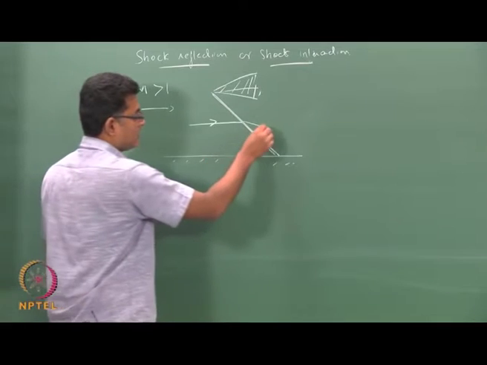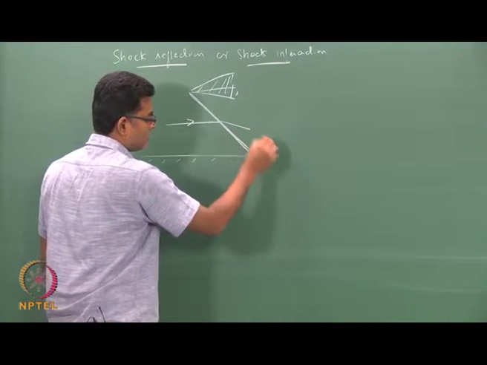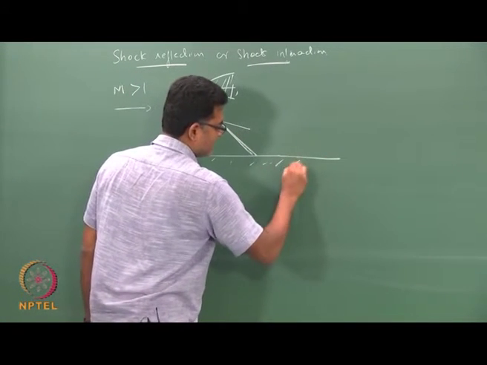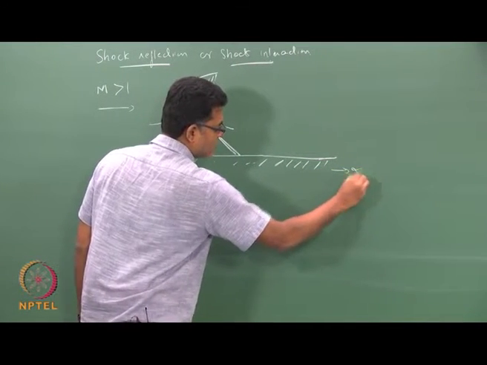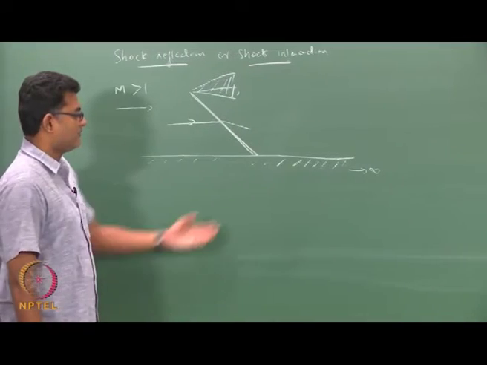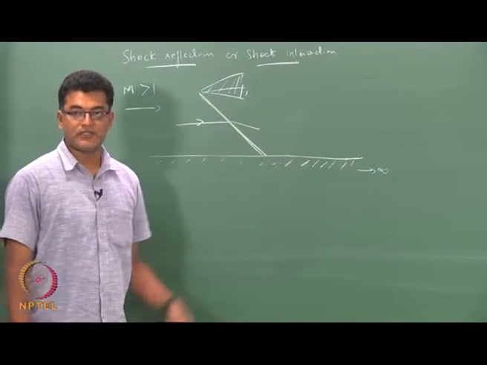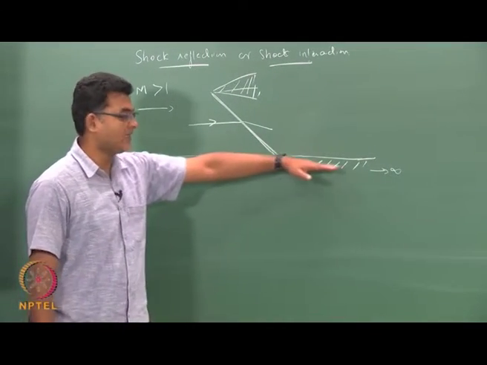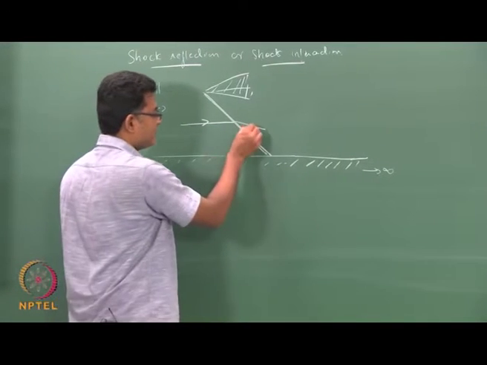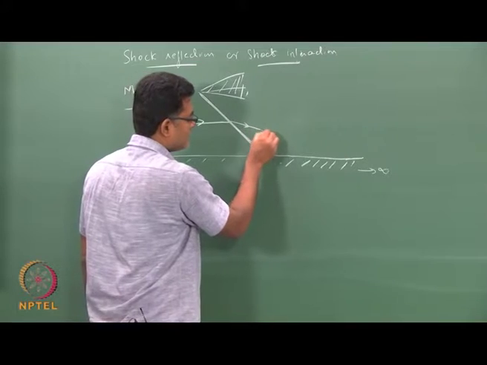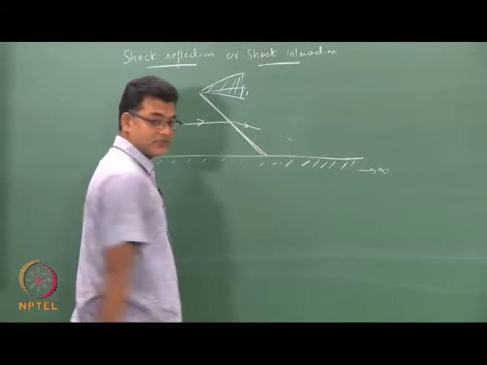Now, somehow the flow after this, if this is an infinitely long plate, has to turn to be in line with your surface. If there is a flow that is at an angle, it goes and hits the surface.